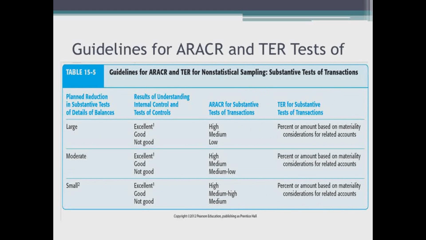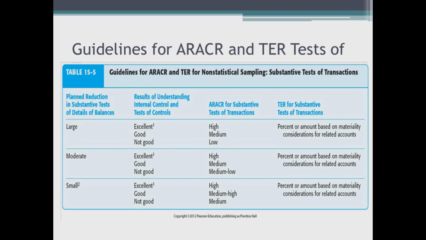With respect to substantive tested transactions, what the auditor is looking at is whether their planned reduction in substantive tests or detailed balances is a large planned reduction. If it's a large planned reduction, really your understanding of internal controls and your tests of controls should be excellent, right? Because what did we say?